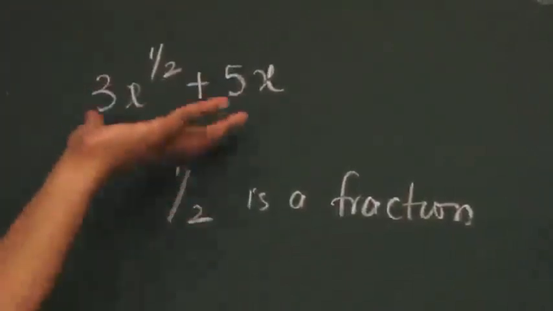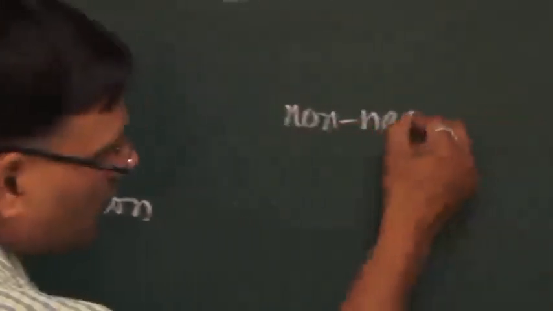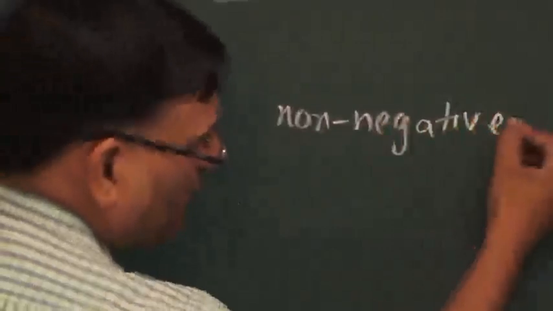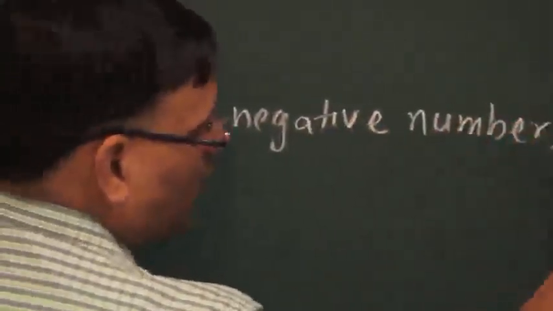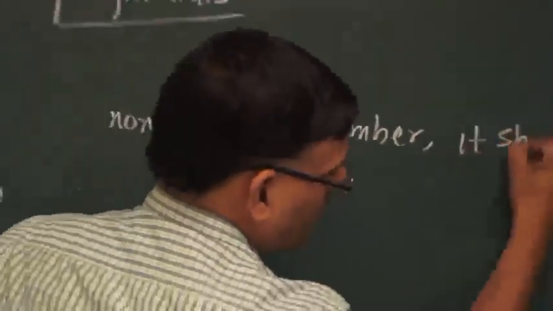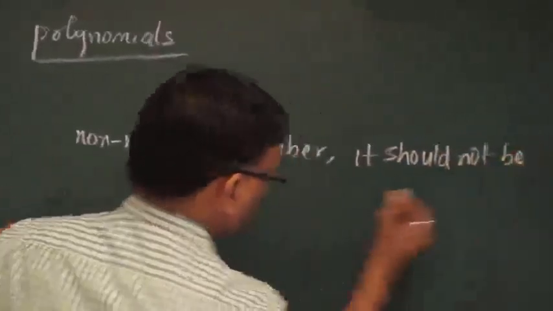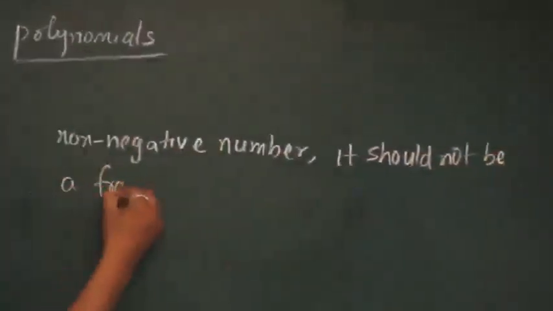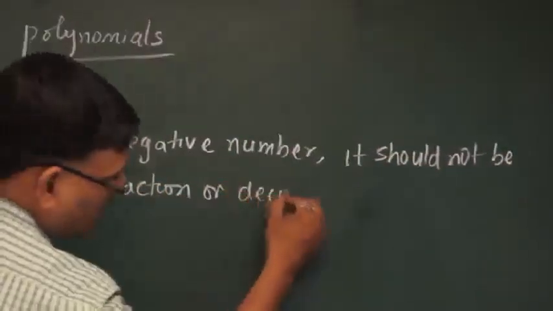If you say that it is a polynomial, the power should be a non-negative number. It should not be a fraction or decimal.